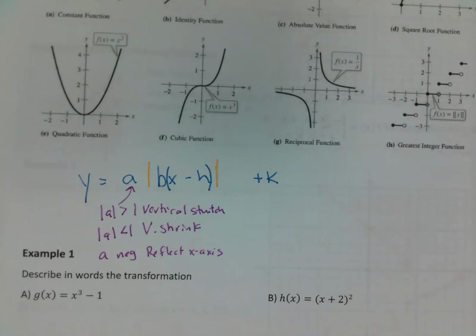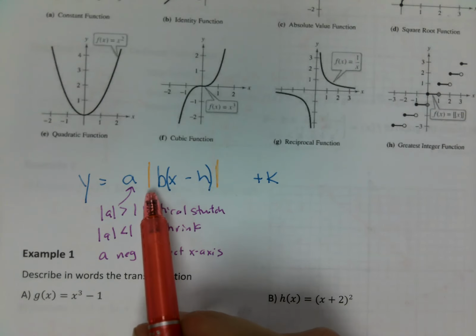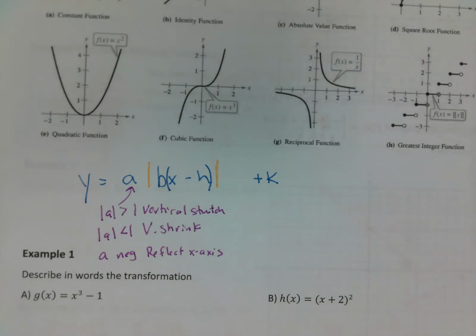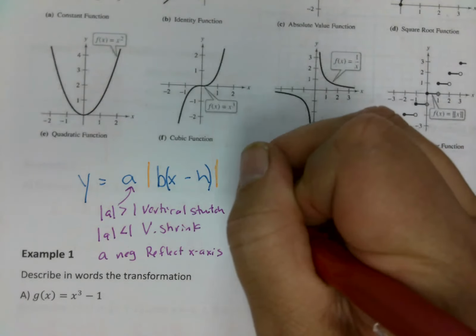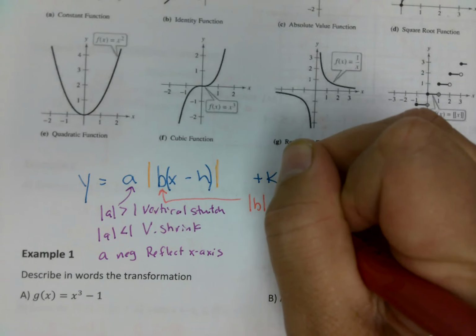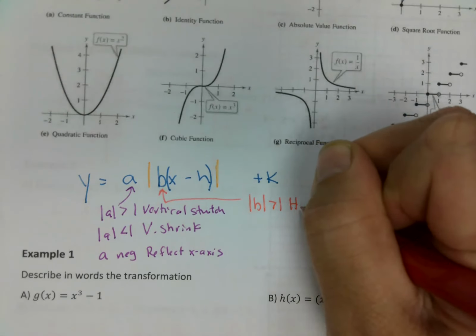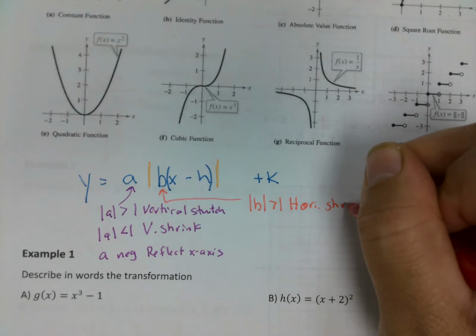Now we get into B. Notice I put this B in parentheses because this B is important around parentheses. It's kind of the opposite. Looking at B here, if the absolute value of B is greater than 1, it's going to be a horizontal shrink.